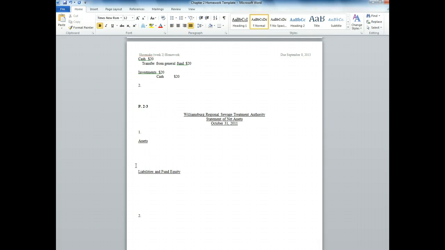Dates have been changed. So basically, we know that we have a general fund and we have a capital projects fund. Our job here, and you see the fund here, Williamsburg Regional Sewage Treatment.